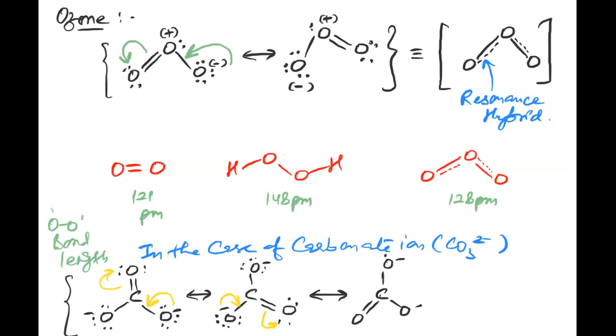So these are the 3 resonating structures of the carbonate ion.